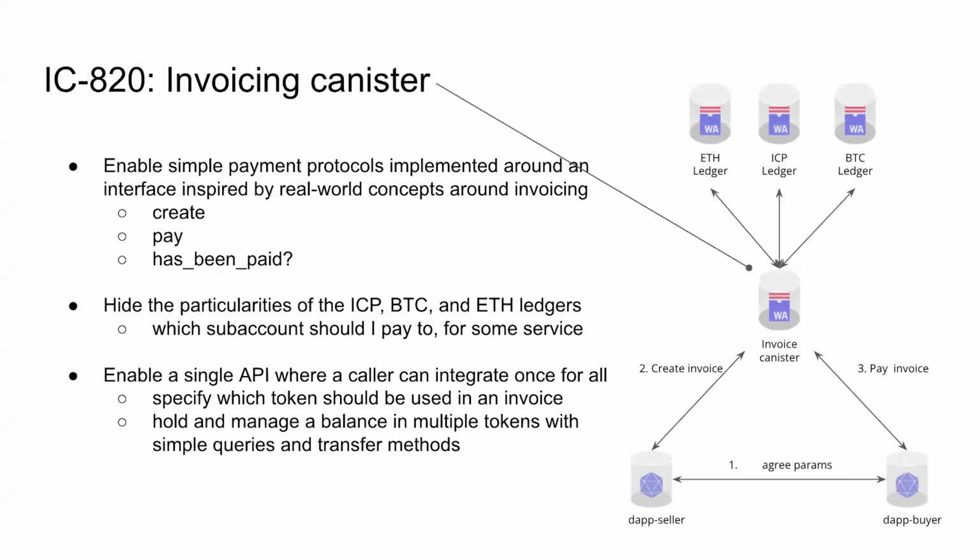We're going to provide a simple payment protocol with concepts like create invoice, verify invoice, transfer, and we're going to abstract the challenges of integrating with ICP, Ethereum, and Bitcoin into a single API, such that the user can integrate once and then simply specify which token they would like to accept payment in for a particular transaction, and then they're good to go.